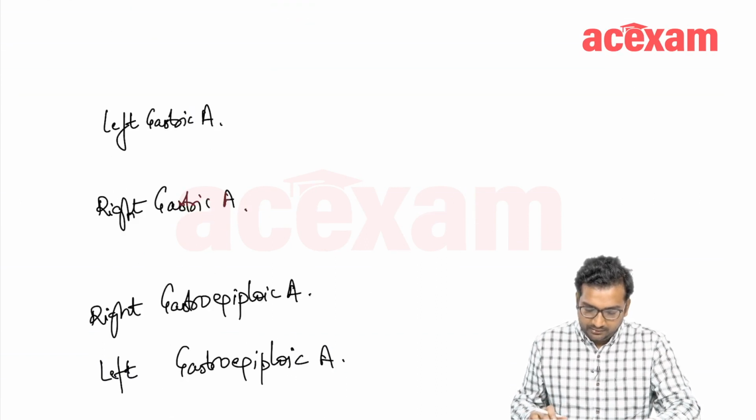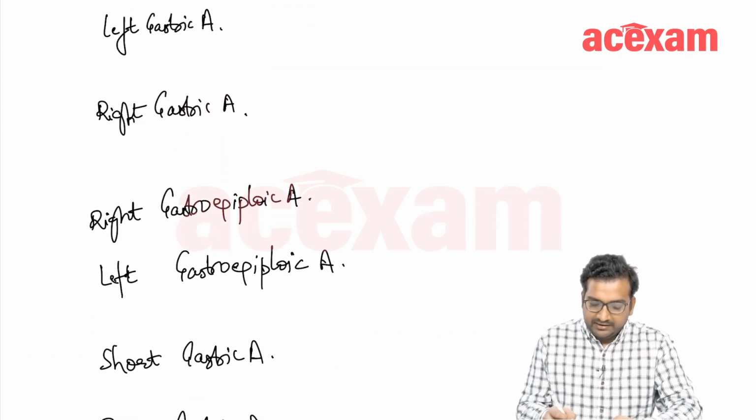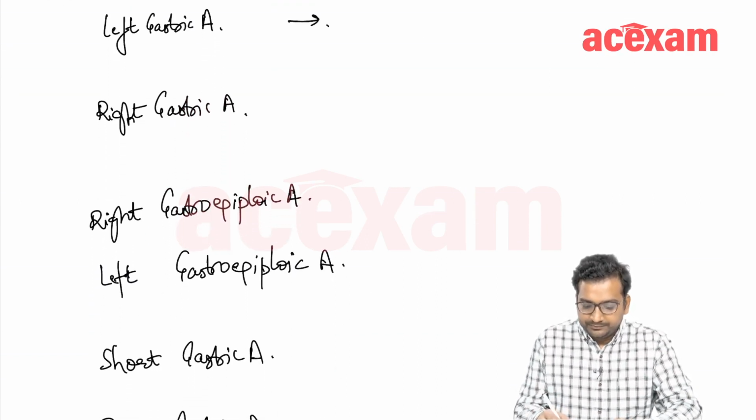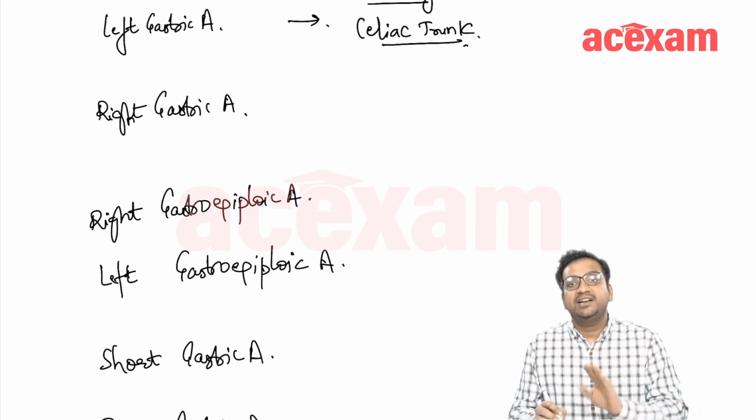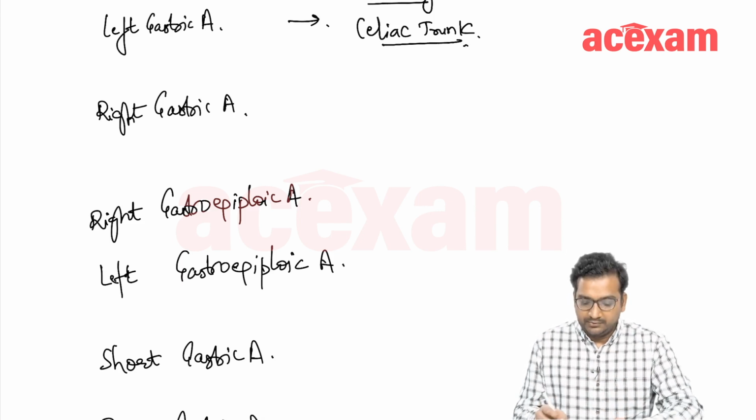Now I'll again write. Now left gastric artery is a branch of celiac trunk. Okay, and celiac trunk is the direct anterior branch of aorta.